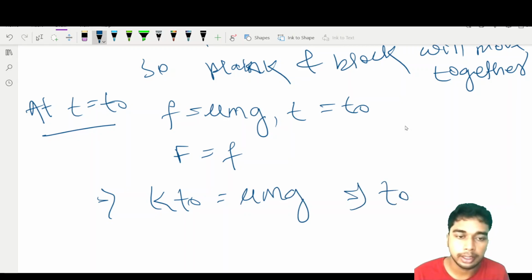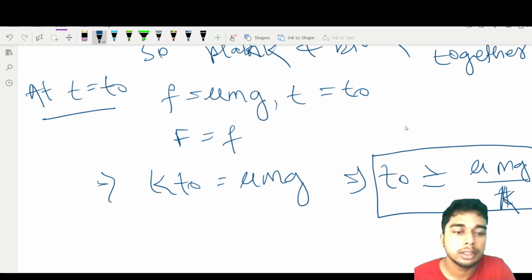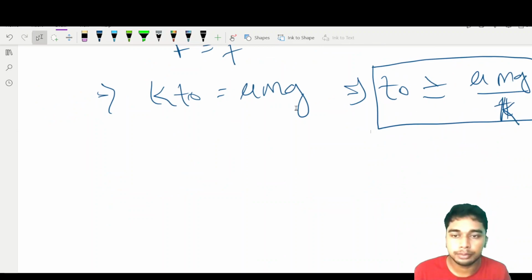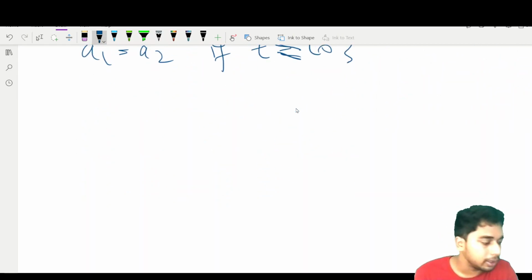So t naught I will get is mu mg by k. After this time, both the blocks will start to move. I mean a1 is not equal to a2 if t is greater than t naught, and a1 is equal to a2 if t is less than or equal to t naught. So this condition should be satisfied.